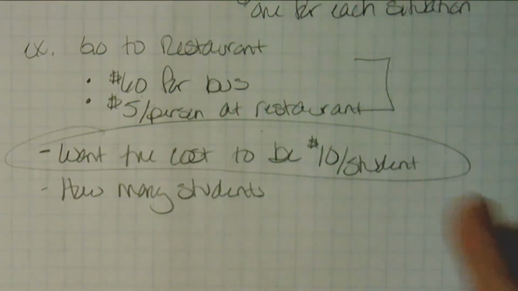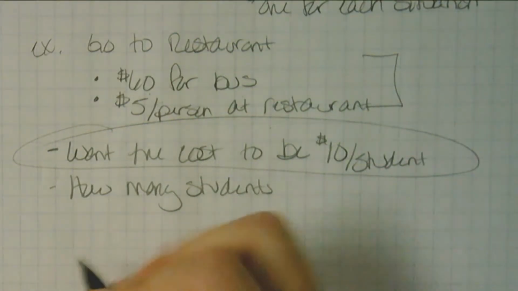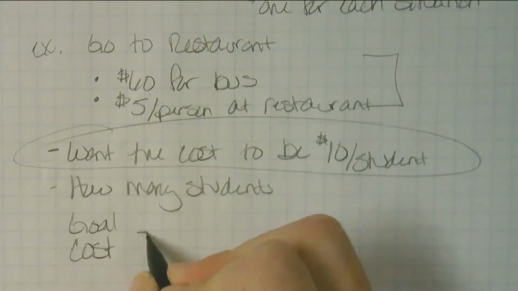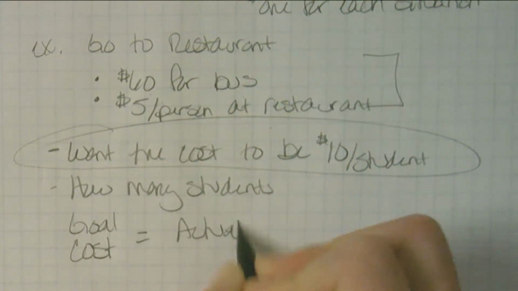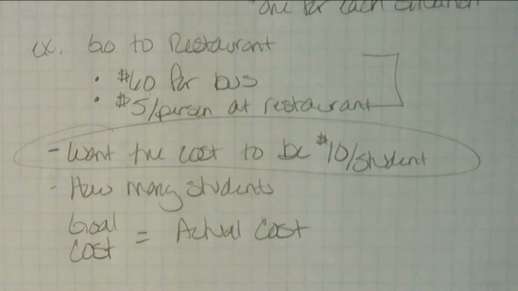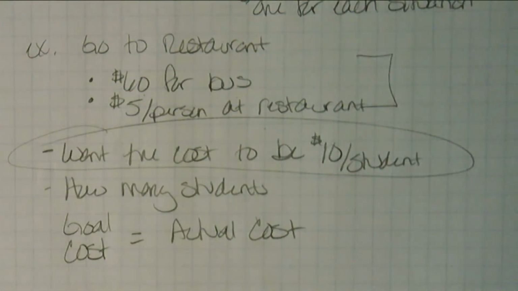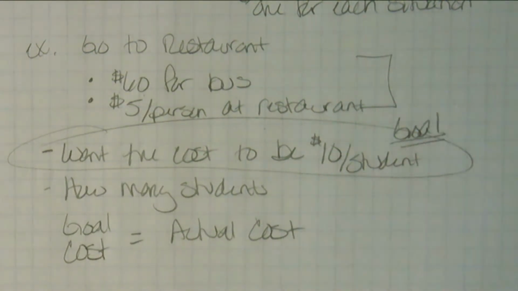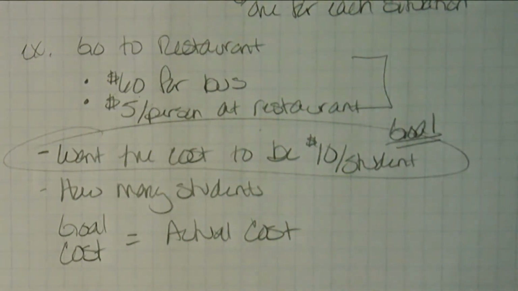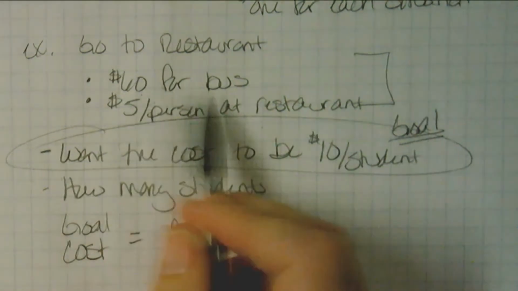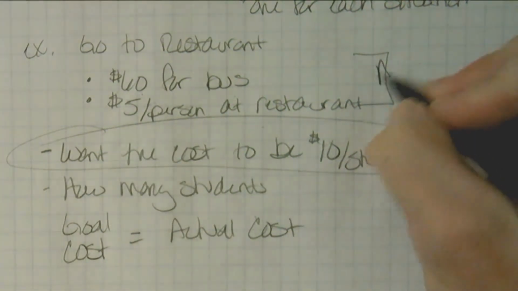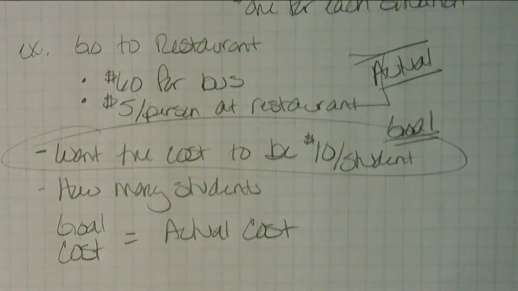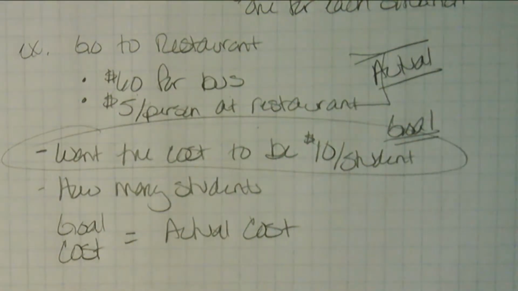So what we want is our goal cost to equal our actual cost. Can you guys see that? How many of you can see that that's what we have? This $10 a person, this is our goal. The $60 for the bus and $5 per person, this is really our actual cost. We want to know for how many students these two are going to be exactly the same thing.